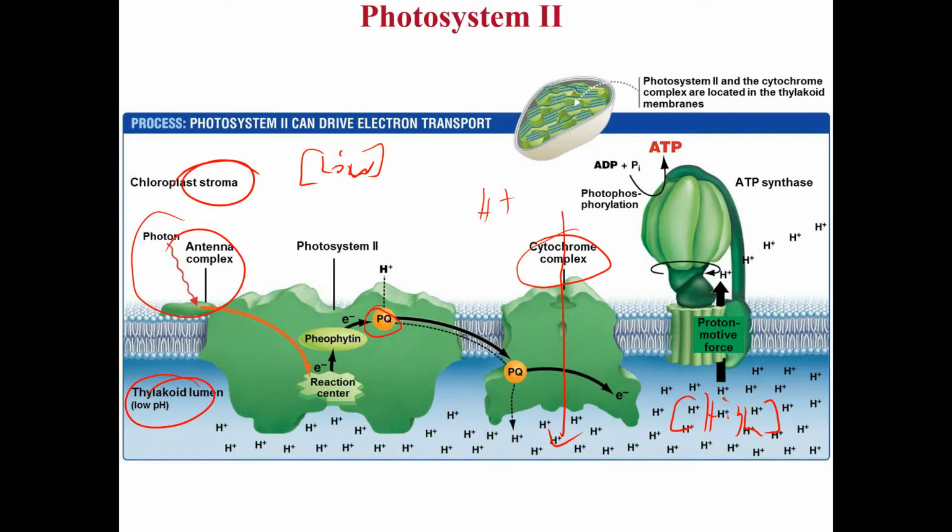These protons can move through our ATP synthase enzyme, and in doing so, moving back into the stroma, it provides the mechanical energy needed to generate ATP from ADP and inorganic phosphate. So ATP is generated by photosystem 2 out in the stroma.